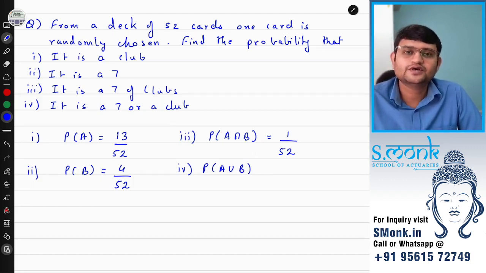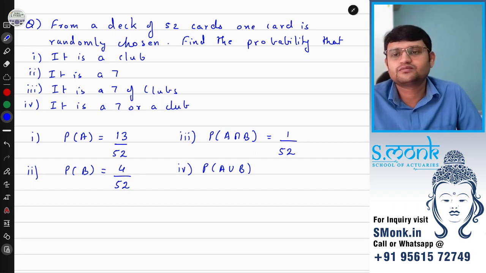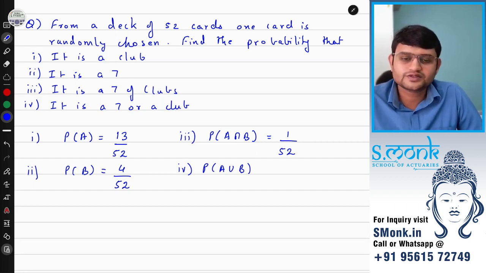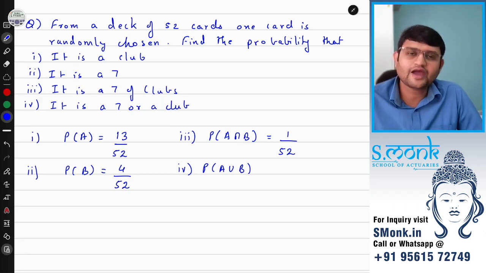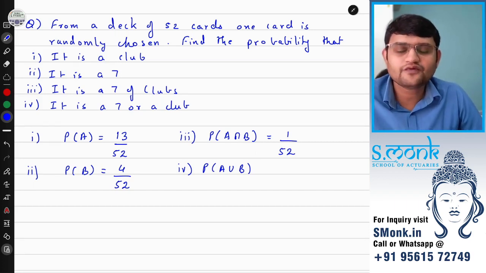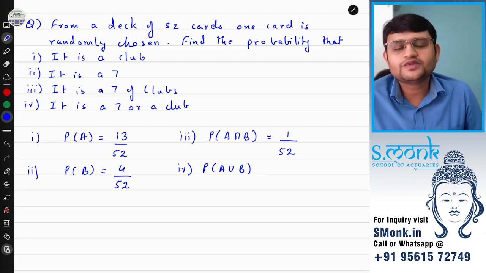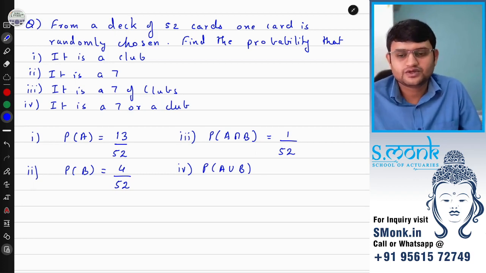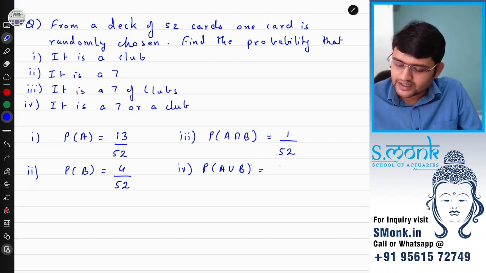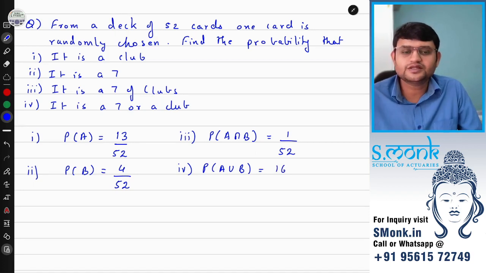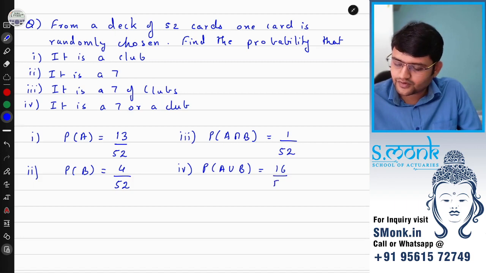I can have all the clubs. Now, I have 13 clubs and I have 4 sevens, but one of them is the same card. So in a way, I have only 16 cards that could be a 7 or a club out of 52.